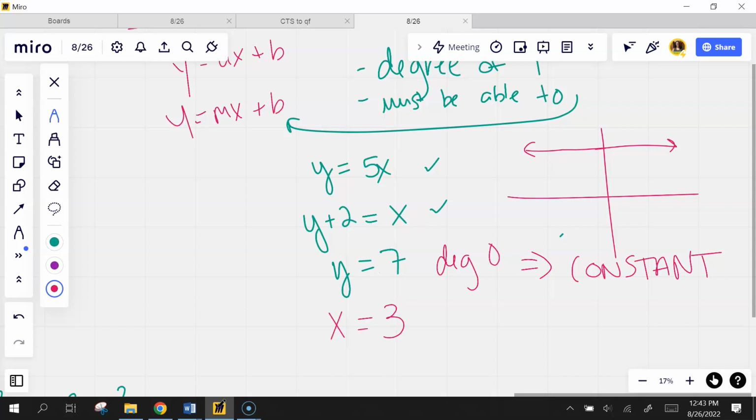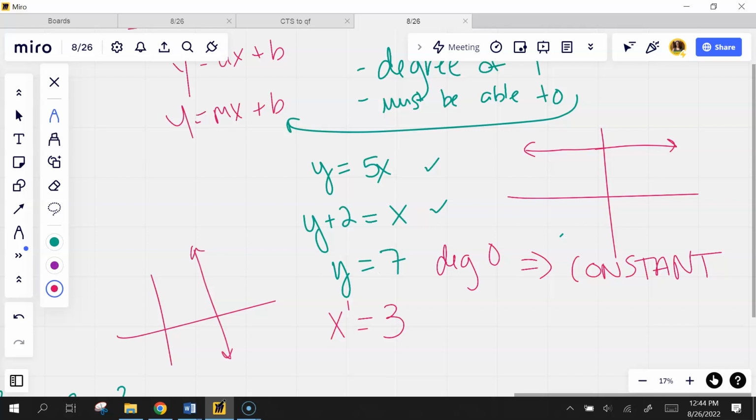Linear function or no? Tell me why. Okay, there's no y. This one's not a constant. This one, if you graph it, looks like this. Why is it not a linear function besides there's no y? Well, there's always a degree. The degree is actually 1 here, right?